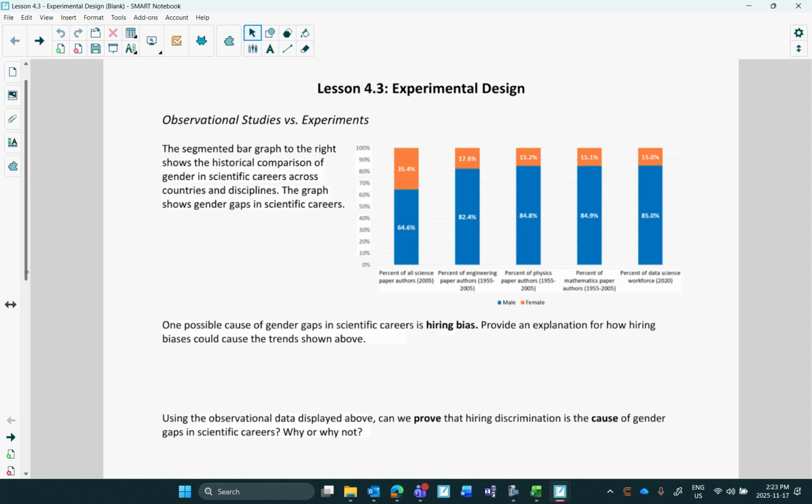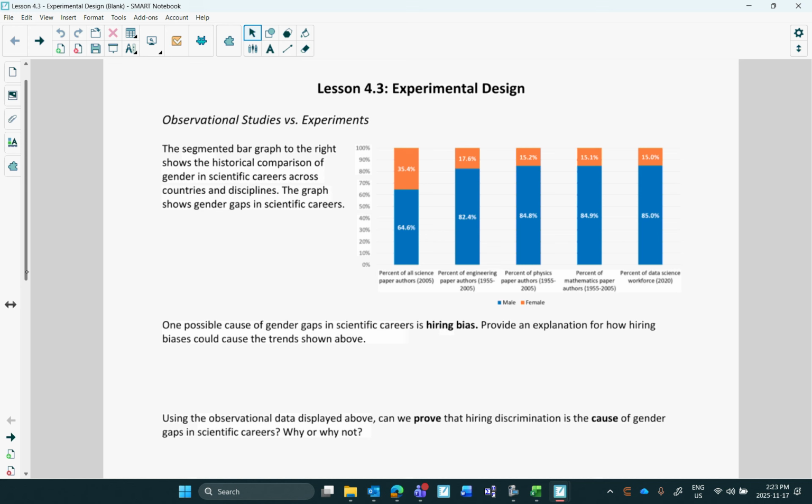The first 4 measured the percent of papers written according to a certain discipline by males and by females. I assume that these are published articles. Of all the science papers published, nearly 2/3 were by men, and slightly more than 1/3 were by women.